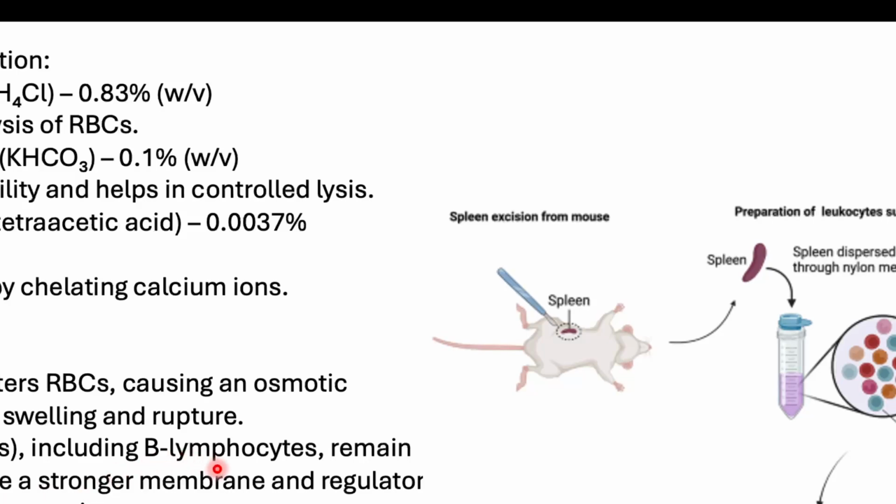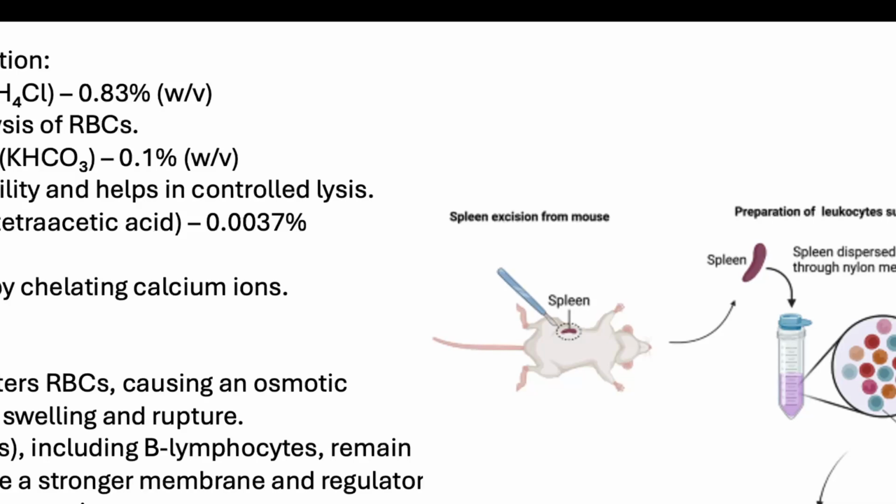White blood cells, including B lymphocytes, remain intact because they have a stronger membrane and regulatory mechanisms to counter osmotic stress. So these regulatory mechanisms as well as a stronger membrane make WBCs different from RBCs. Thus, only the RBCs selectively die off due to lysis or rupture. The remaining intact WBCs can be washed and used for further experiments.